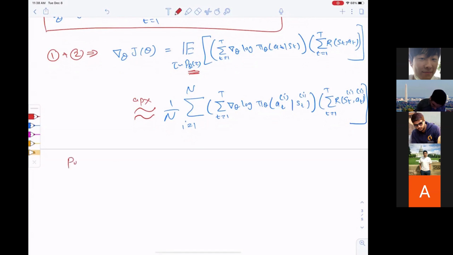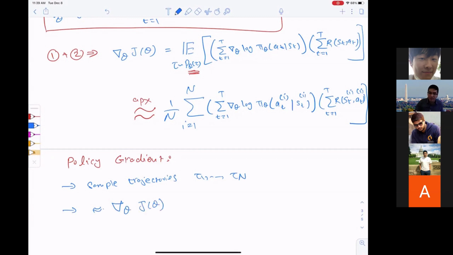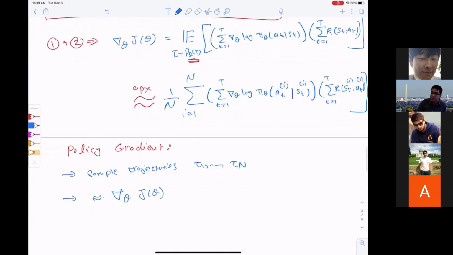Just to summarize, I generate n trajectories, tau 1 to tau n. Then I approximate the gradient of J of theta according to this formula that we have. Very easy because of backprop, I can just easily compute all of these gradient terms.